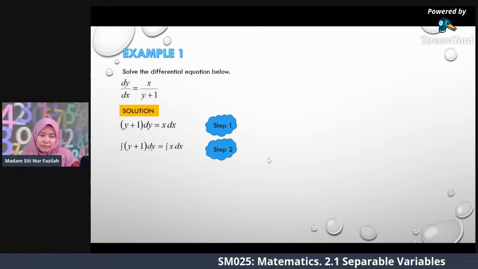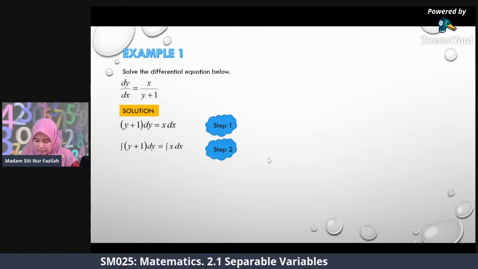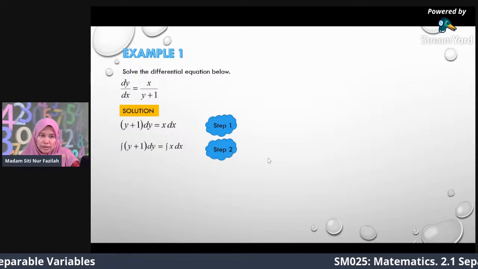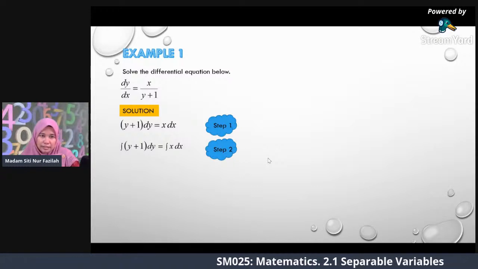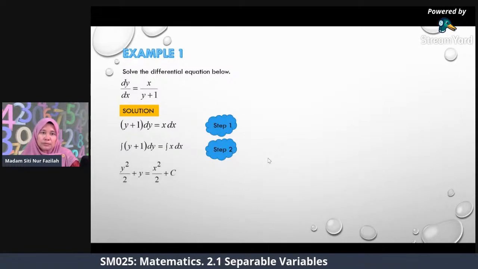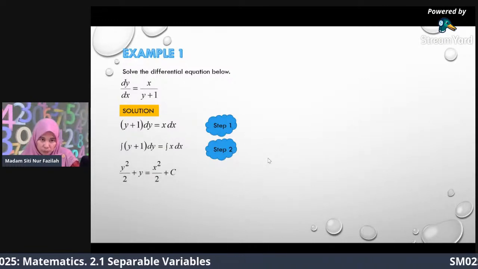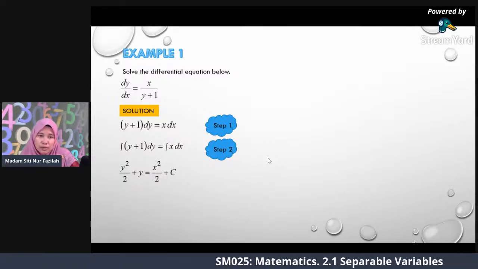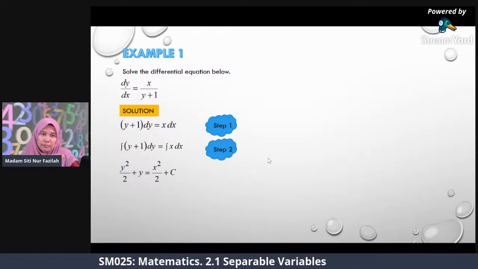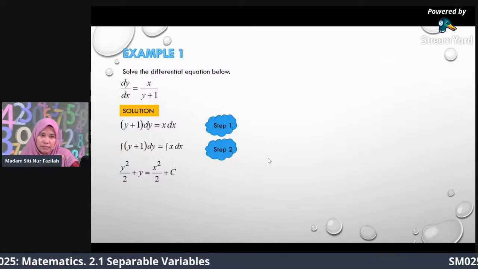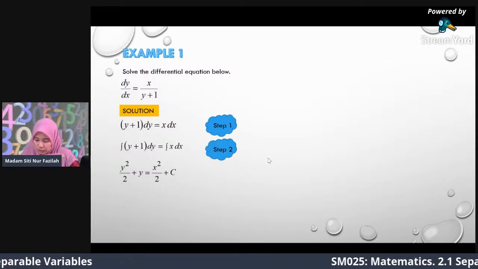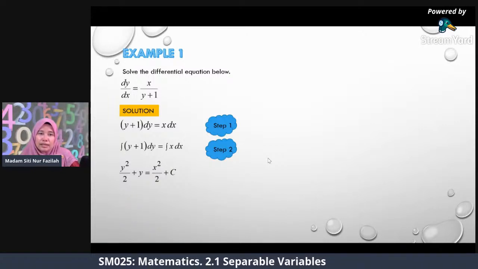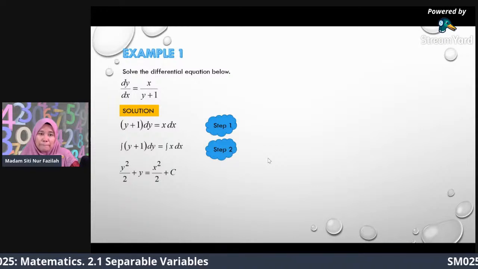We just use the basics. Integrate y, we get y squared over 2, plus integrate 1 is y, because we are with respect to y on the left side. Equal to integrate x dx, which is x squared over 2 plus c.